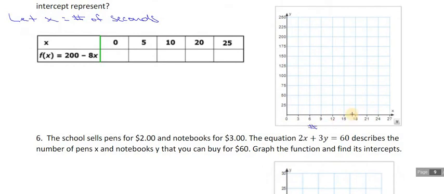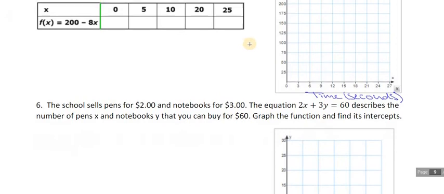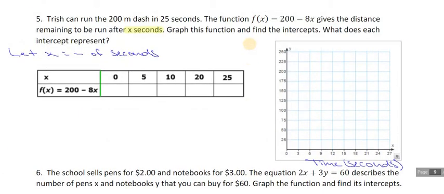So time in seconds. It's a little more sophisticated.